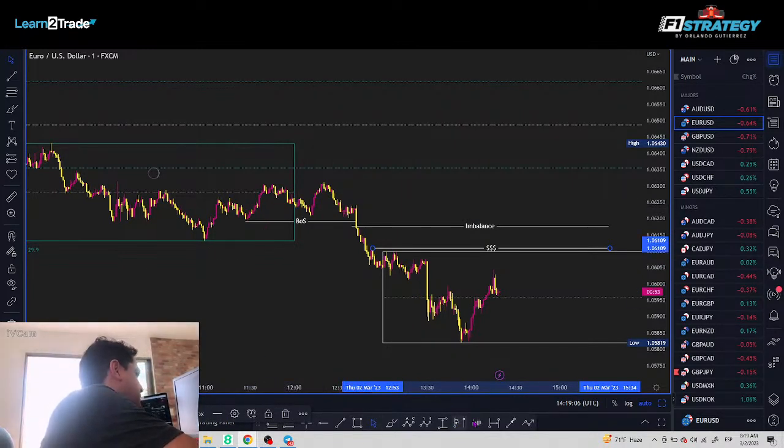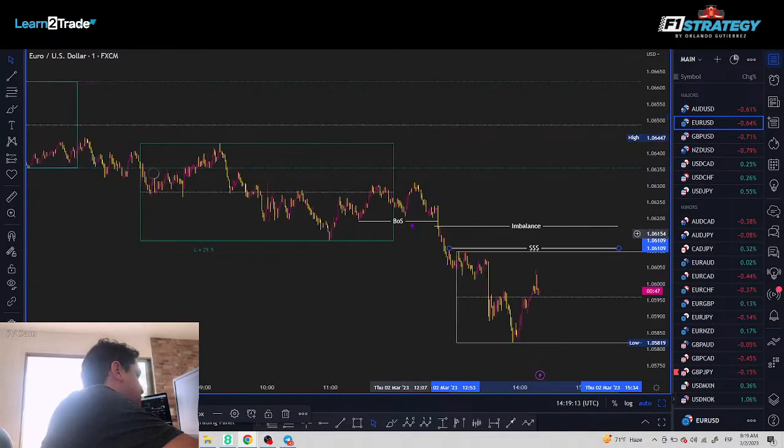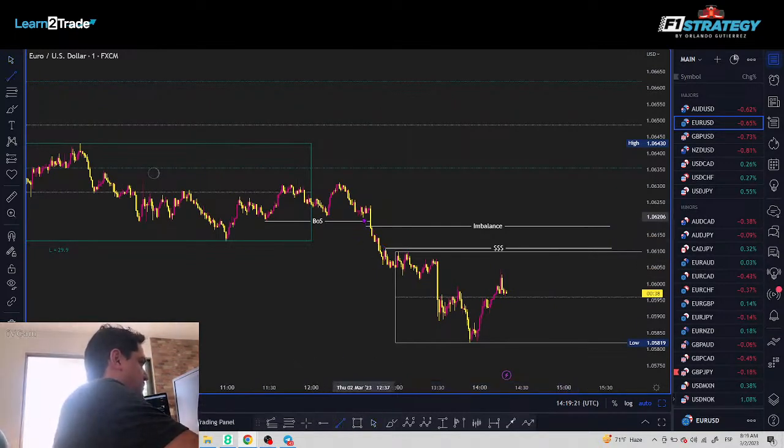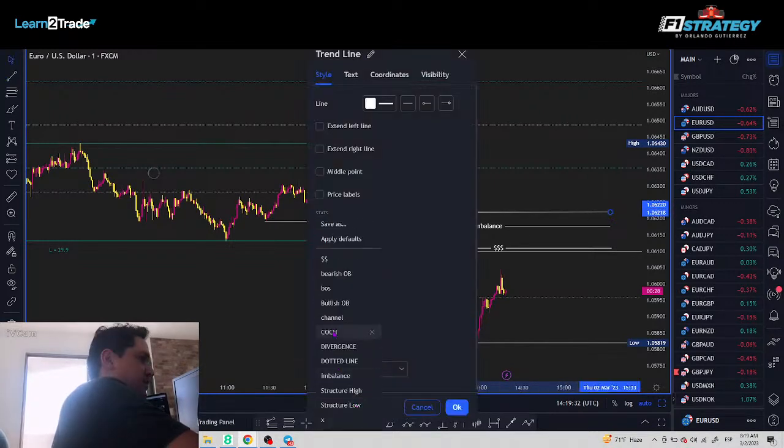We also have a break of the structure out of the London session, right? The London session range, pre-market New York broke with those London session ranges. So the order block that I will be looking for to trade here would be this one right here. Now, here's what my entry would look like.